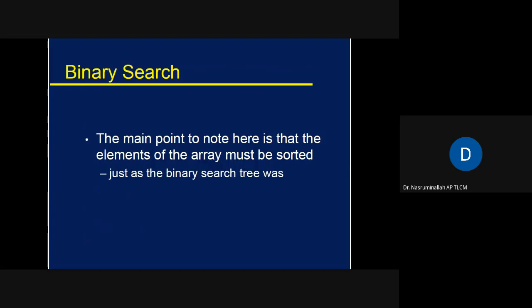It means that if the problem is a searching problem, then it will find the key very efficiently, consuming the least number of computer or machine clock cycles. So within a few steps it will find the key.